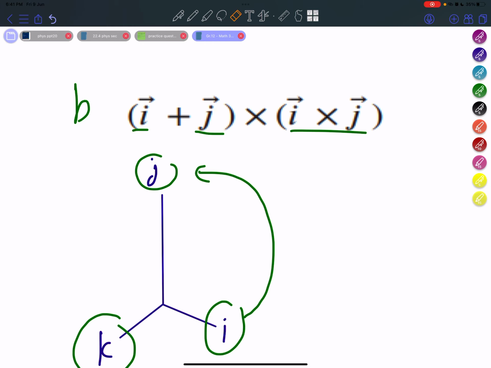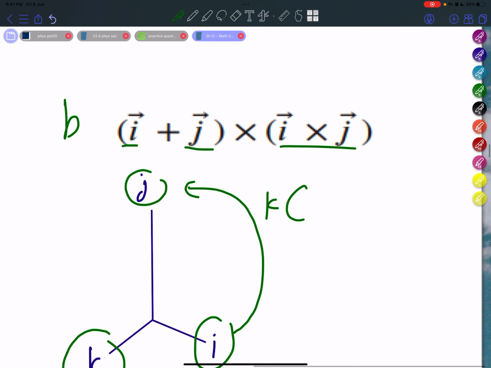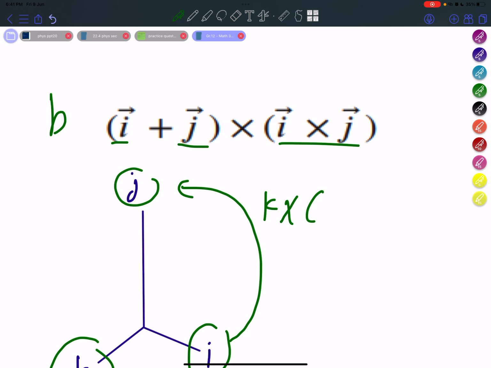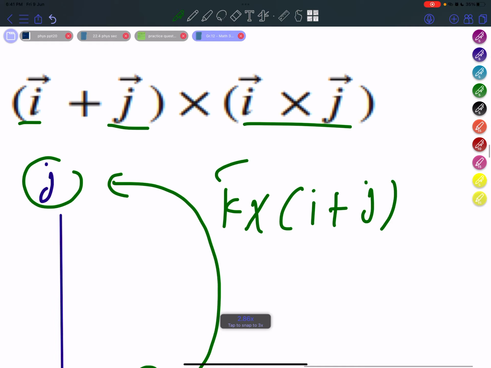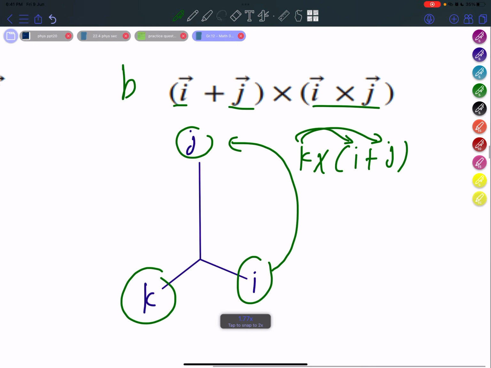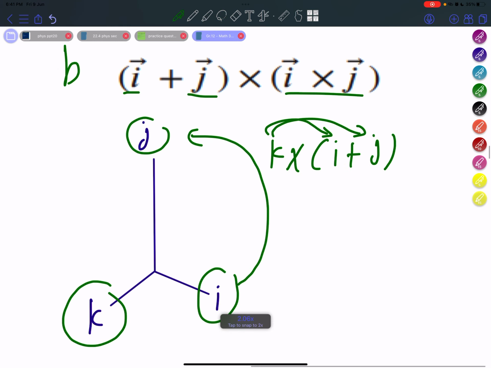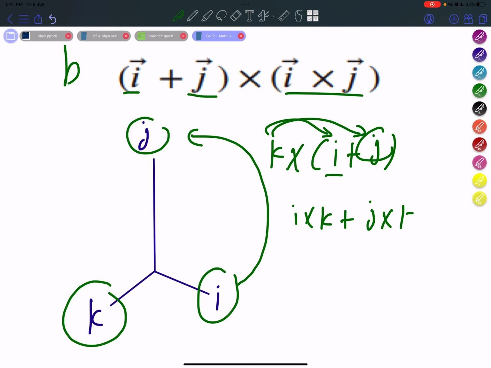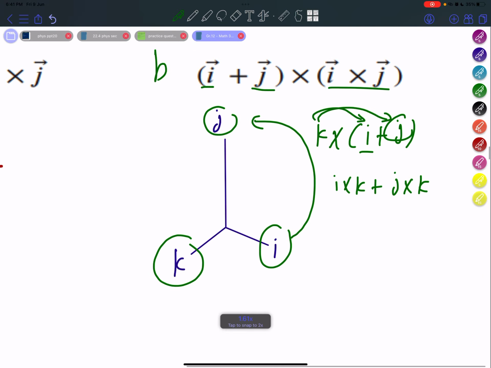Well, okay, let's write it like this. i plus j. Now we can again distribute k on both i and j, meaning that we'll be getting, well, it was supposed to be on the opposite side. So we'll write i cross k plus j cross k. Okay, now let's see what we get.